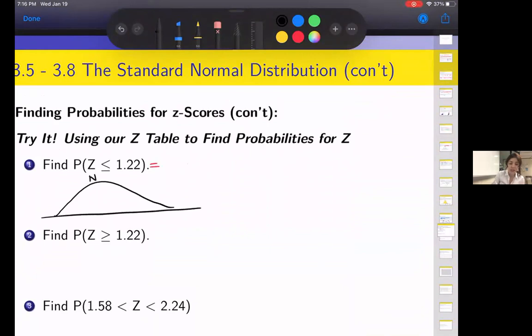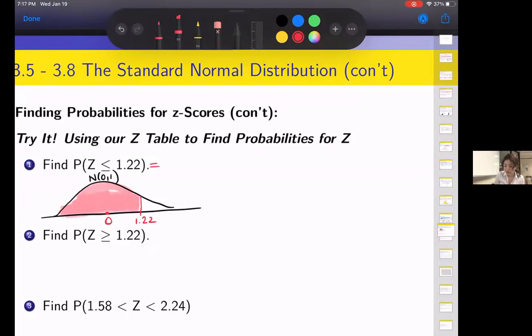Because it's z, I'll denote N(0, 1): mean is 0, standard deviation is 1. Here in the middle is 0, and 1.22 right there. They want the probability that z is less than or equal to 1.22, which means I want this area right here.